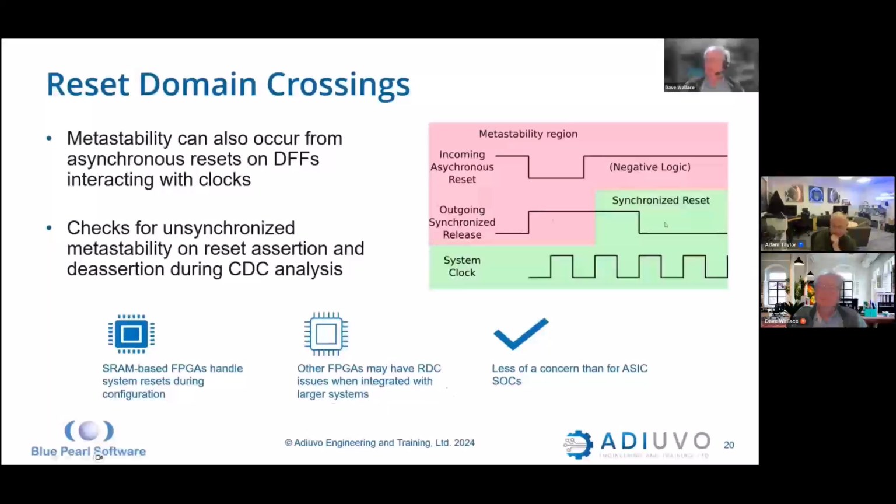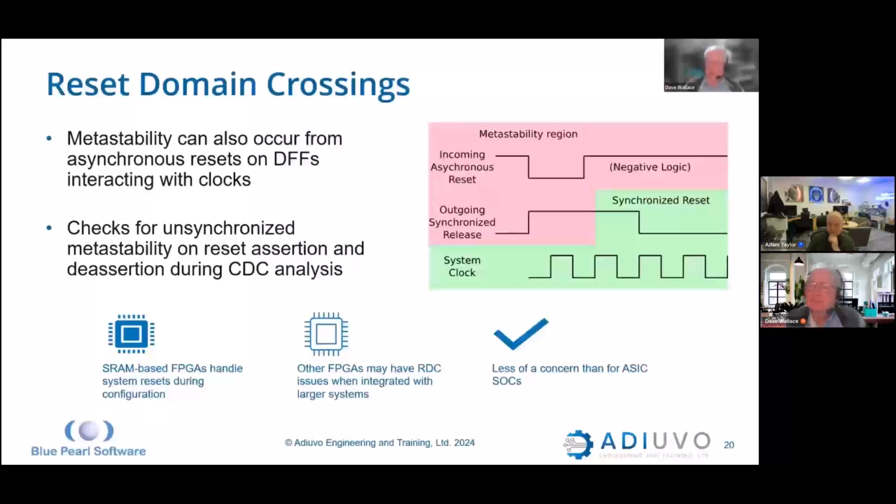And it turns out that one of the reasons this is not as big a concern is if you're using SRAM-based FPGAs, which would be Xilinx, Intel Altera, a lot of Lattice designs, maybe some others. Typically, a lot of these issues get handled for you during the configuration of the chip on power on.